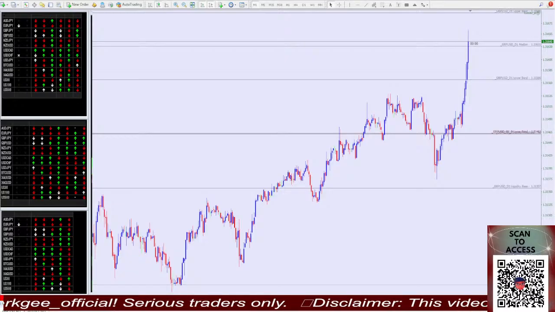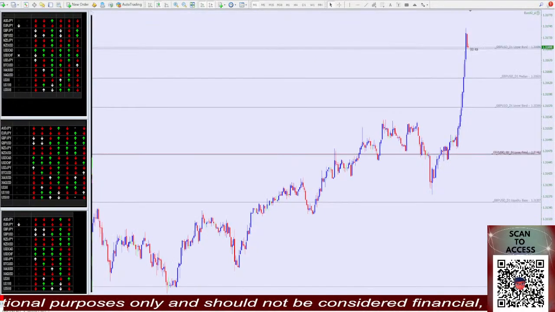Now, after every consolidation, this is what has actually happened currently. So I'm waiting. I'm hoping there's a possibility that price may break above here. Then I'm going to come down into a smaller time frame to add more to this trade. I'm definitely going to add more to this trade.